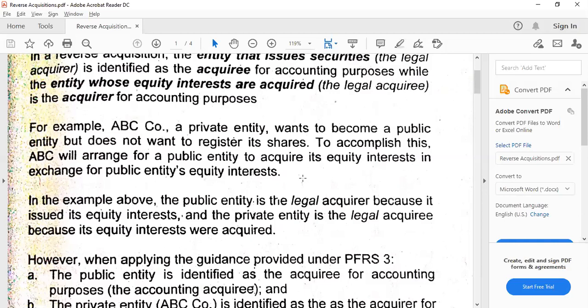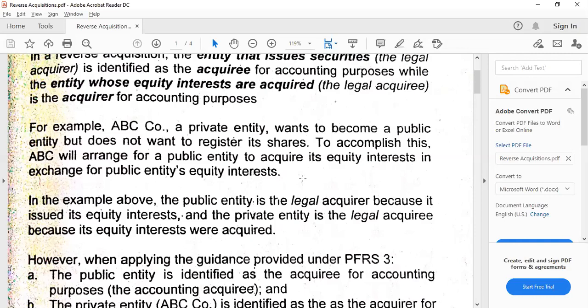So in that case, it actually has the intention to acquire a public entity for it to be able to become a public entity. However, it cannot do so immediately. So that's why it allows under the contract a public entity to acquire it.